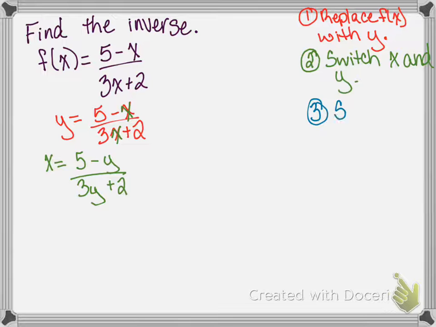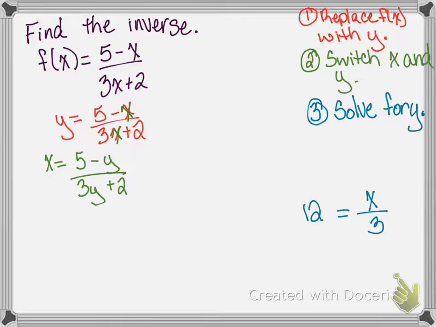Okay, now this is where the algebra comes into play. Now we are going to solve for y. If I had the equation x over 3 equals 12, what operation is happening between the x and the 3?